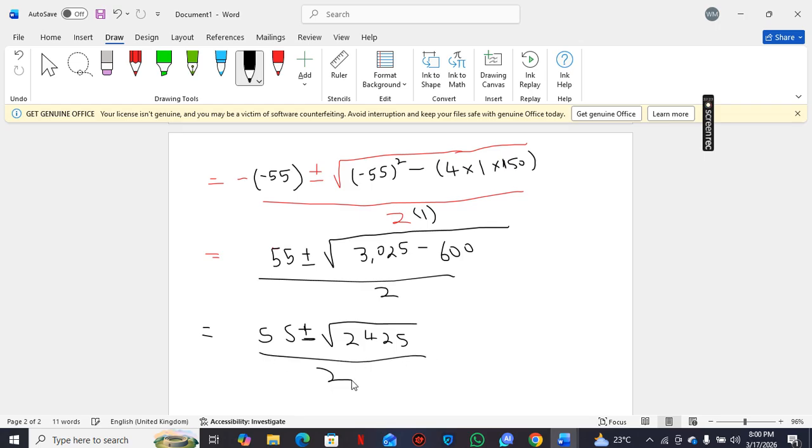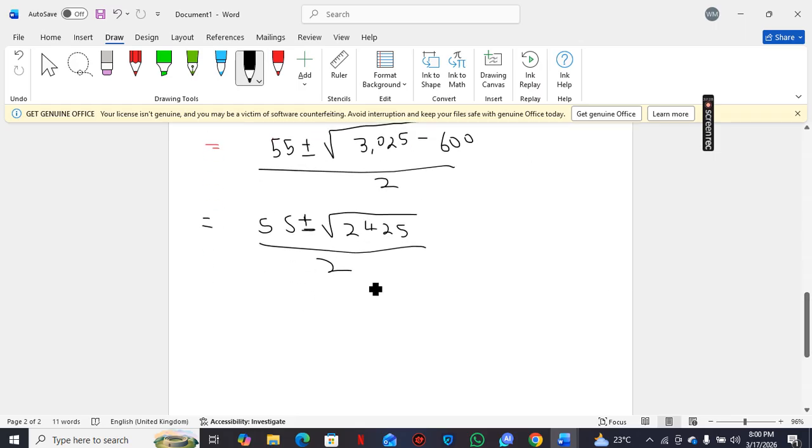Over 2. Remember, a quadratic equation, since it's to the power 2, you're going to have 2 solutions. Because the quadratic equation is in this form, a parabola, it cuts the x-axis on 2 points. That's why you're going to get 2 solutions for a quadratic equation.